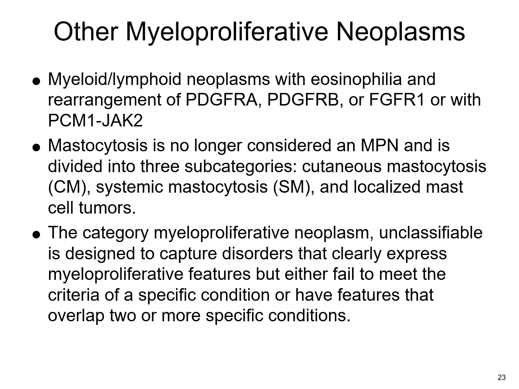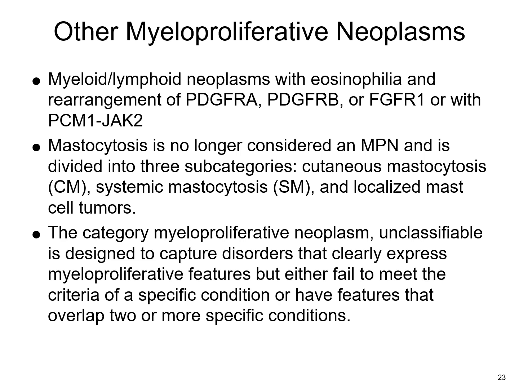Mastocytosis is no longer considered a myeloproliferative neoplasm, and it has been further subdivided into 3 categories: cutaneous mastocytosis, systemic mastocytosis, and localized mast cell tumors.